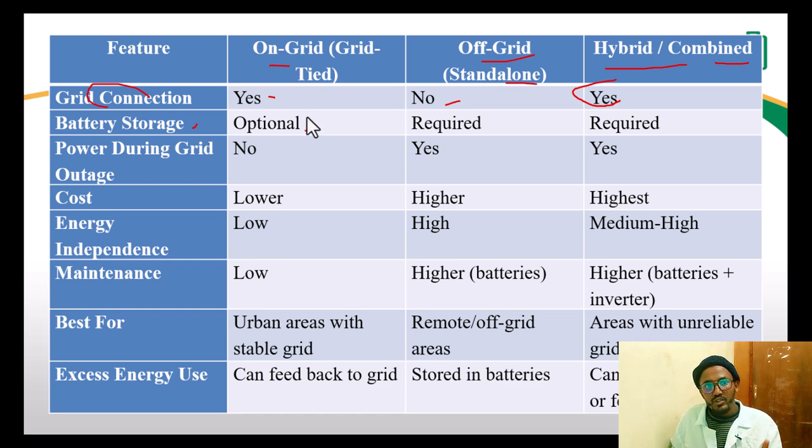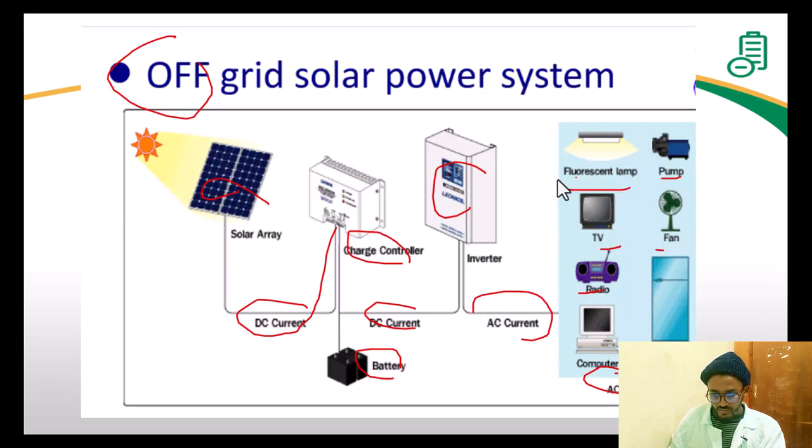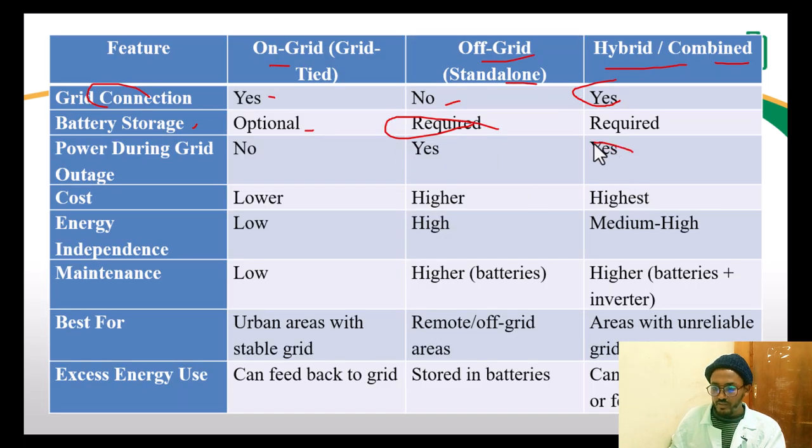We might use or we might not use, but here it's required as long as it's not attached to the grid. We need battery to store the energy. As we were saying here, we need battery in off-grid system, but here it's not mandatory, it's optional. And it's required as long as there is hybrid.